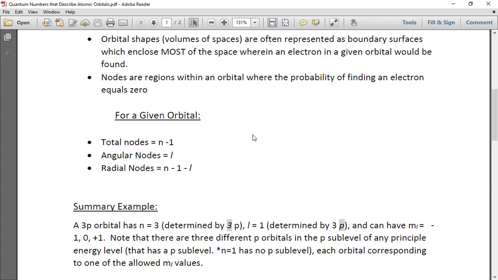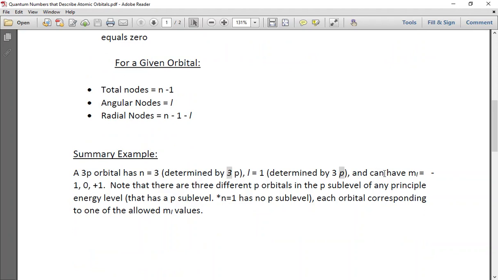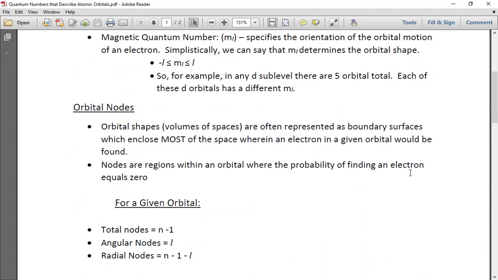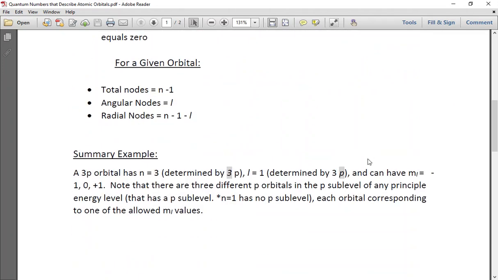And when l is equal to 1, m sub l can be equal to negative 1, 0, and plus 1. Note that there are 3 different p orbitals in the p sublevel of any principal energy level.